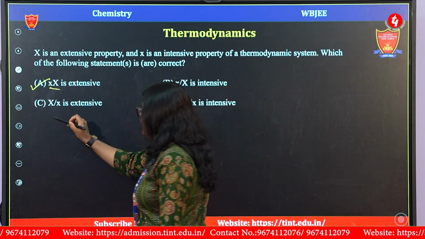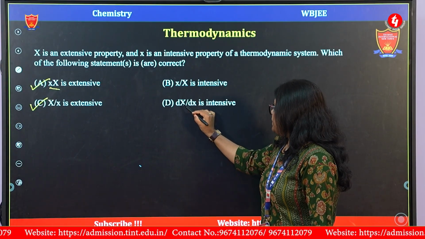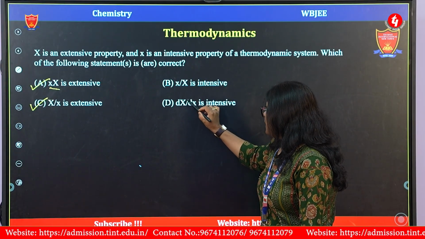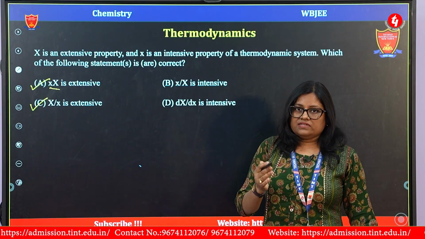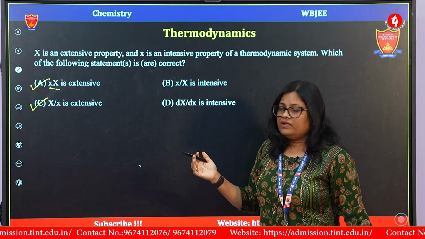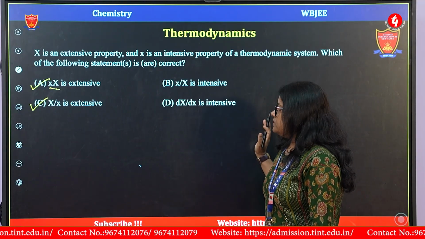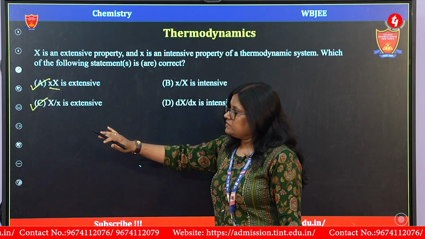So, it is an extensive property. And the last one, dX by dx, here same as C, here we are considering the small change, but it is again mass dependent. So, this is extensive, not intensive property. So, these two are correct statements.